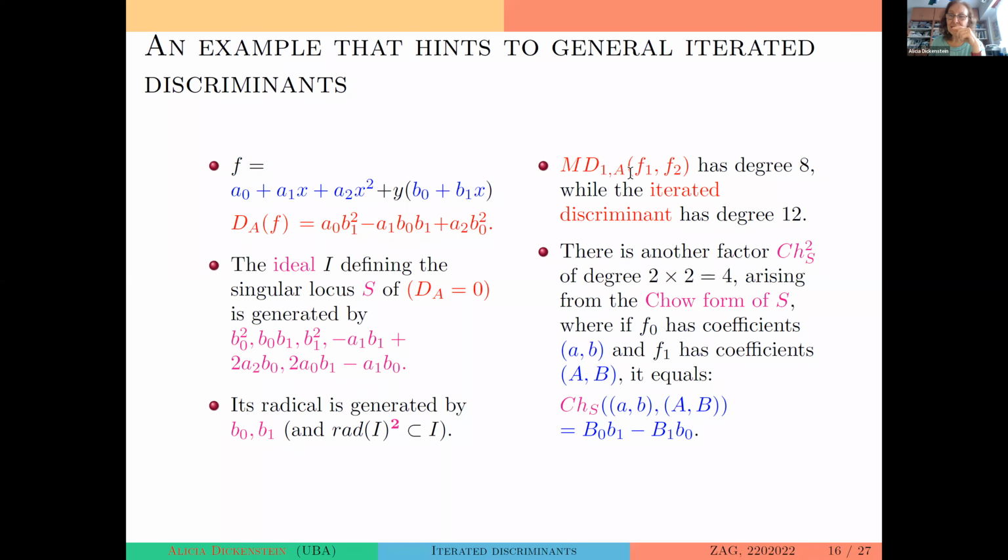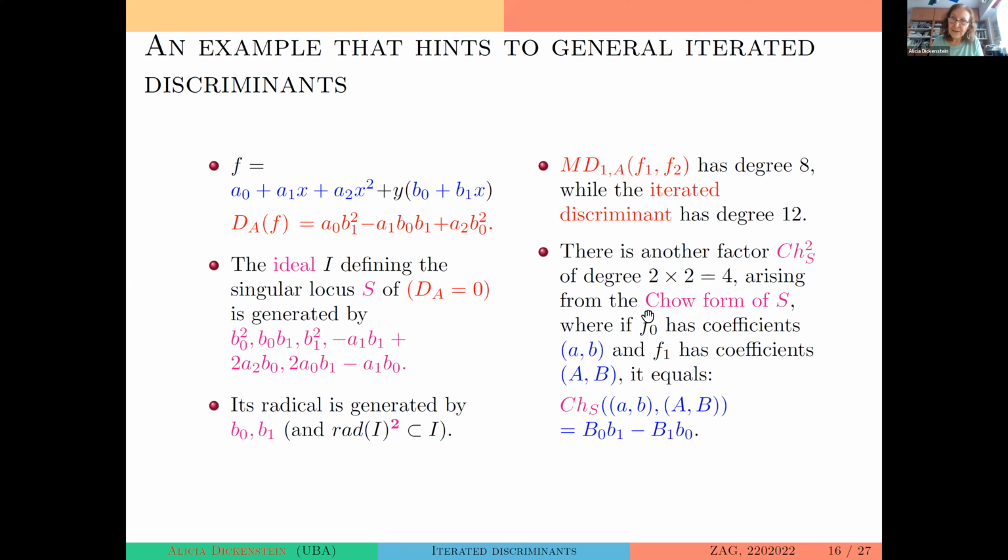And the radical squared is contained in the ideal. In fact, in this case, we would like also to compute the iterated discriminant as the mixed discriminant in an iterated way. But the mixed discriminant has degree 8, while the iterated discriminant has degree 12. And there is another factor, which is something squared.